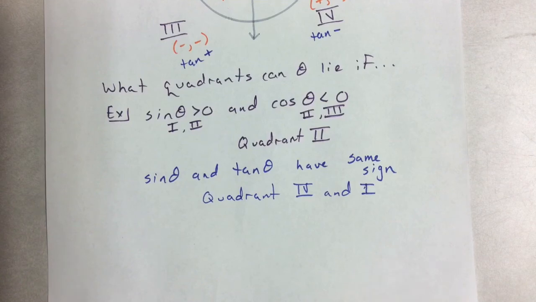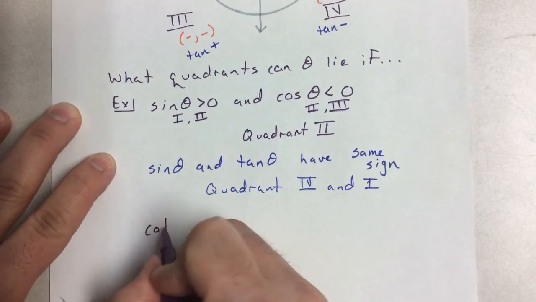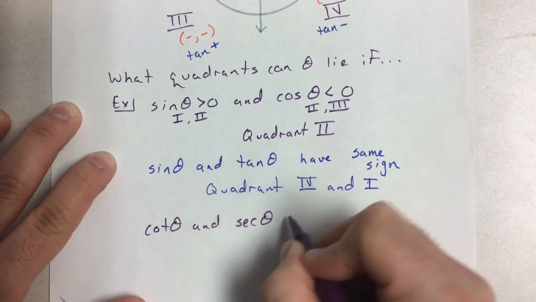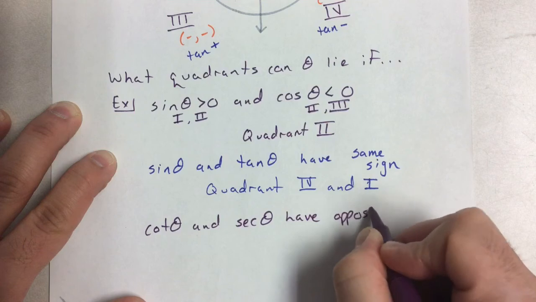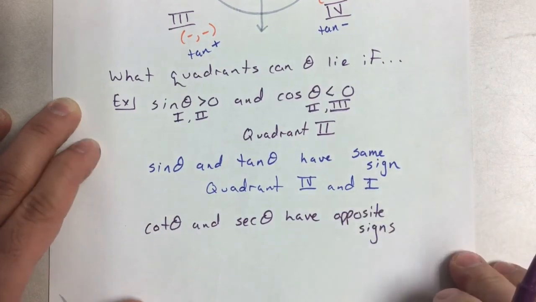So I'm going to leave you with 2 more here. Actually, just one more to leave off. So what about cotangent of theta and secant of theta having opposite signs? So take a moment to think about that.